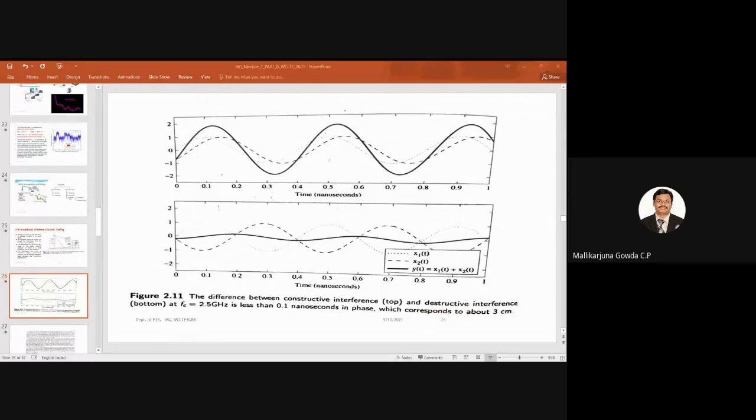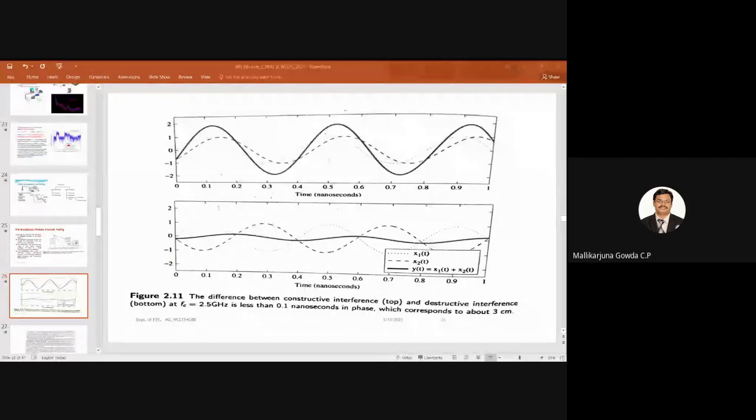When I am receiving signal at the receiver from different paths, it undergoes phase shift. If the phase difference is large, I say it is an interference, right? It may be a constructive interference or it may be a destructive interference. So it all depends on how much phase difference is there between those two received signals.